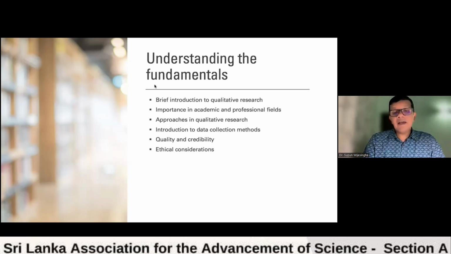Finally, we are going to discuss quality and credibility. Like quantitative research has validity and reliability, similarly we have quality and credibility in the qualitative field. And lastly, ethical considerations: as a qualitative researcher, what sort of ethical considerations you have to see.